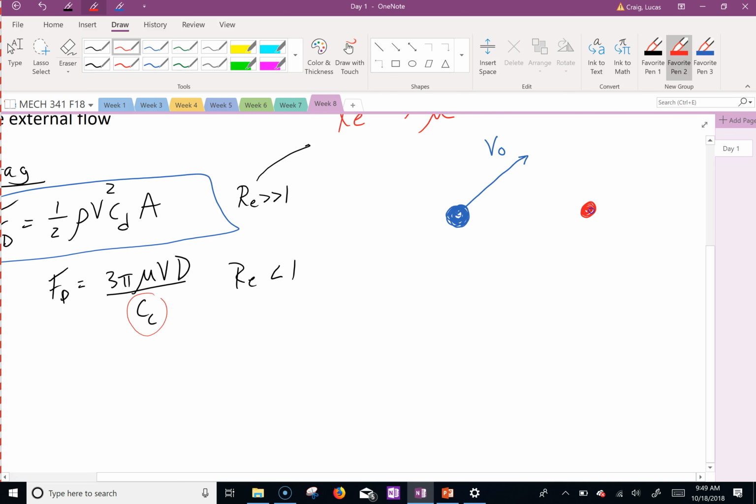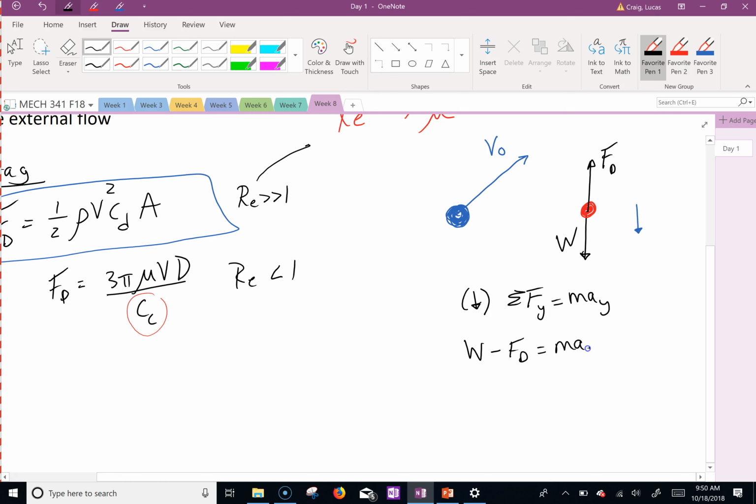So if you have a ball that's falling down this way, you have weight, and you also now have drag. If you sum these forces in the y direction, the sum equals ma_y, and downward is positive. So you have W minus F_D equals ma_y.